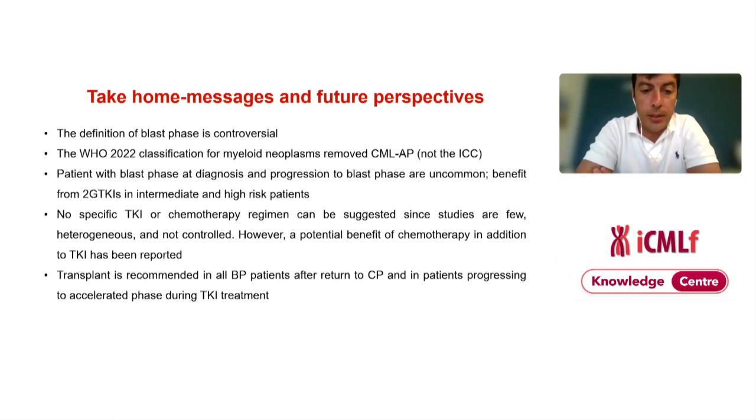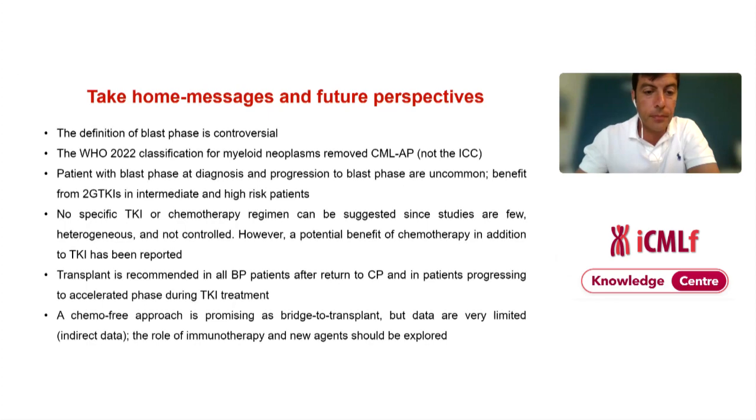Transplant is recommended in all blast phase patients, de novo or after progression while on treatment. It is very important that the allogeneic bone marrow transplantation should be performed after return to chronic phase. The use of an allogeneic bone marrow transplantation is also recommended in patients progressing to accelerated phase during treatment.